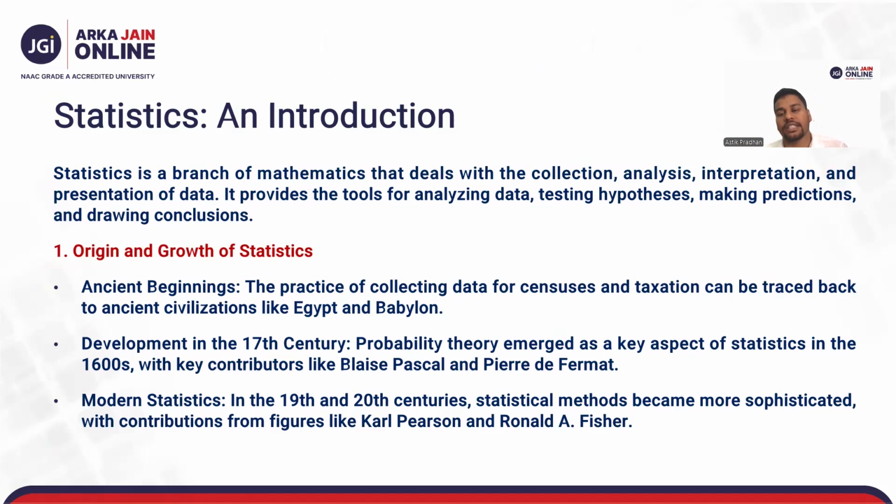Probability theory emerged as a key aspect of statistics in the 1600s, with key contributors like Pascal and Fermat. These are the contributors, particularly in the field of statistics, based on whom this topic came into the picture.